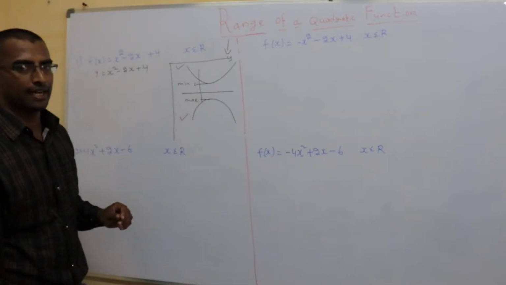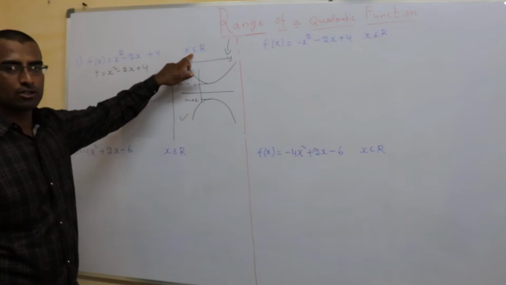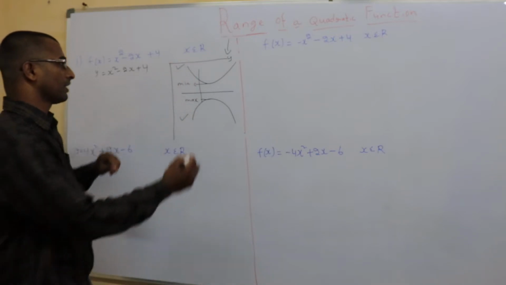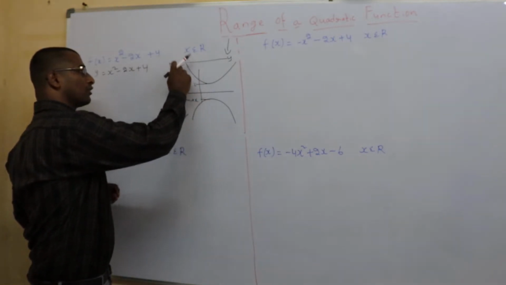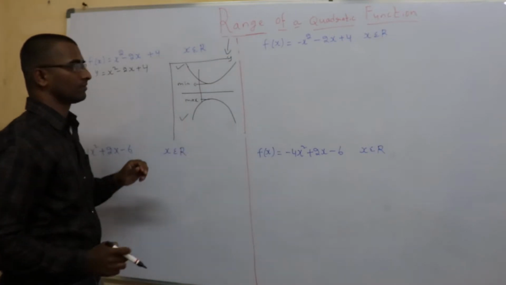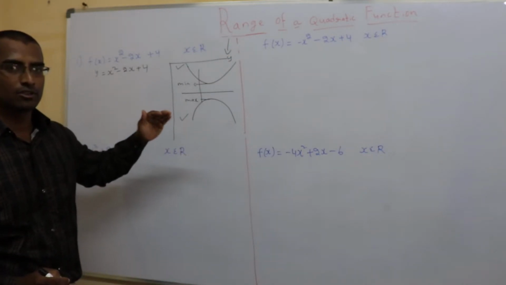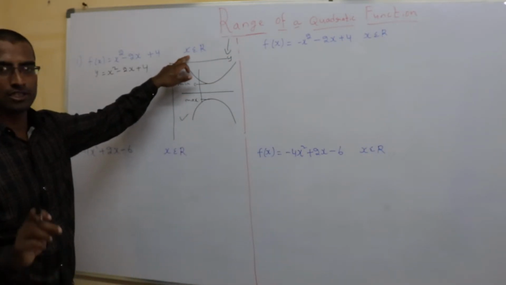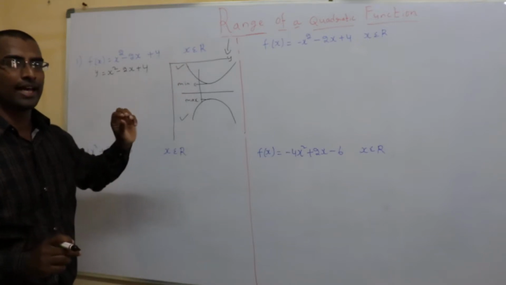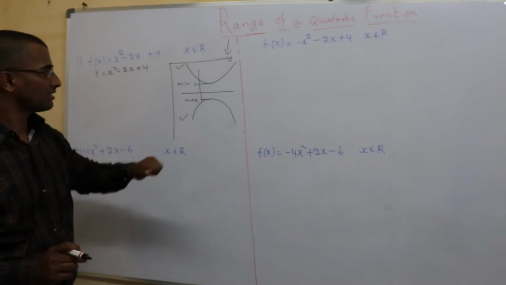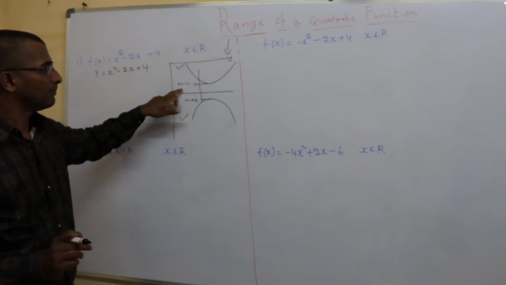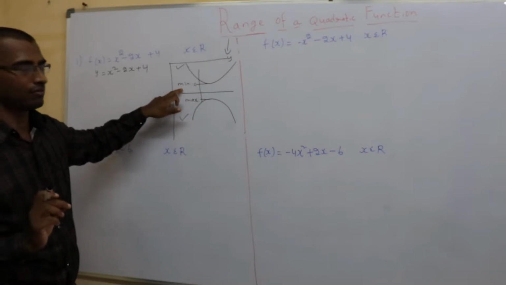Let me explain that. X belongs to R means this graph doesn't stop, it goes on increasing. So I cannot say where it stops, as the x value is not stopping. I can say one thing for sure: this will be the minimum value for this graph.